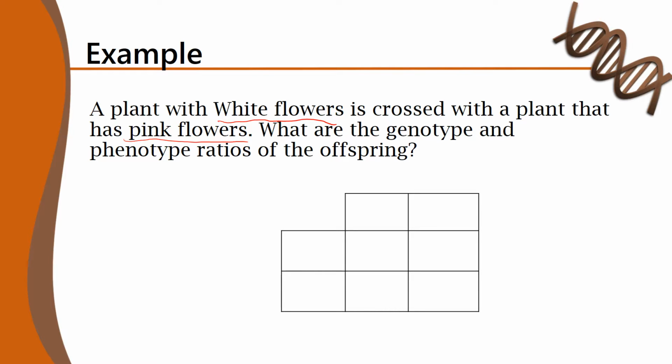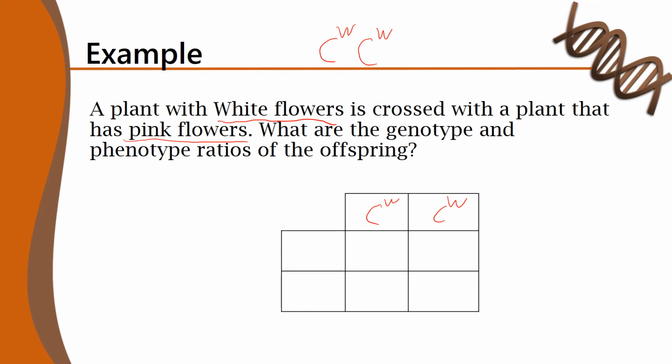So we need to have notation for that. So I'm going to use the gene C for color, and I'm going to say that the white flowers have the allele W with it. So that would be my white flowers. So we can add that in.